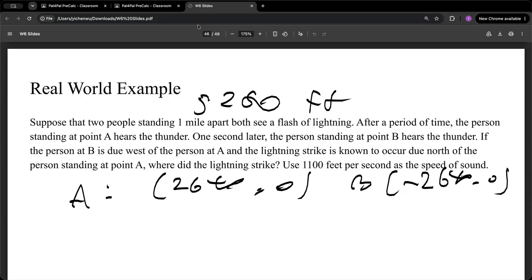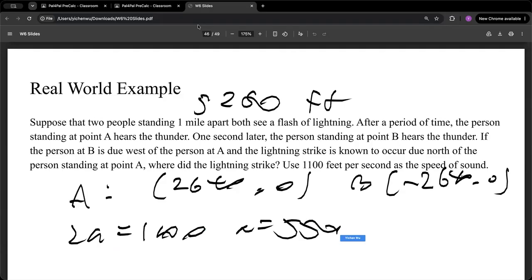So in our equation, 2a is 1100, so a is 550. And then we also have that c is 2640, because c is the distance from the foci to the center. So now with this, we can calculate b squared.